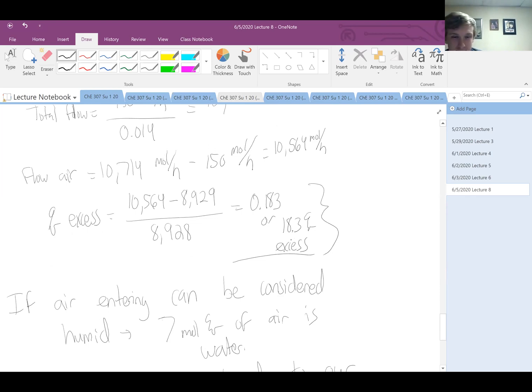Because we can only allow an 18% excess, assuming there's no water, if we have pure dry air. But more often than not, there's an appreciable amount of water, meaning we have to design systems that can essentially operate in those narrow ranges.